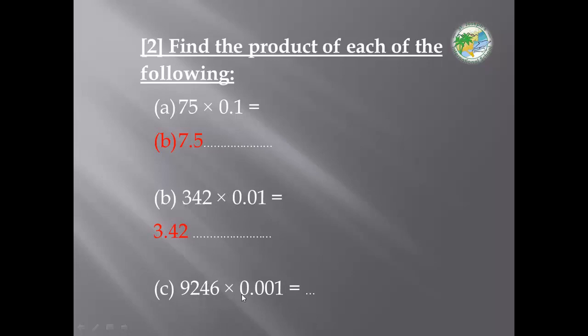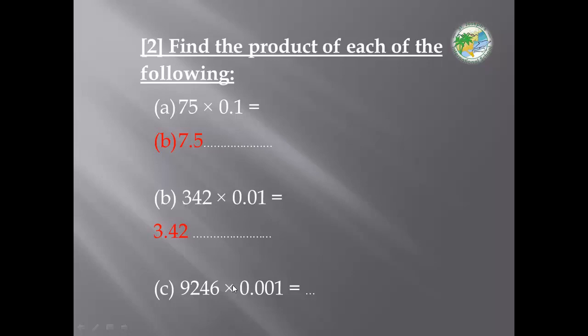Another question, 9,246 times 0.001. What will the answer be? 1 times this number equals the same number. The decimal point is after 3 digits, not 2 digits. Don't forget we put the decimal point from right to left.